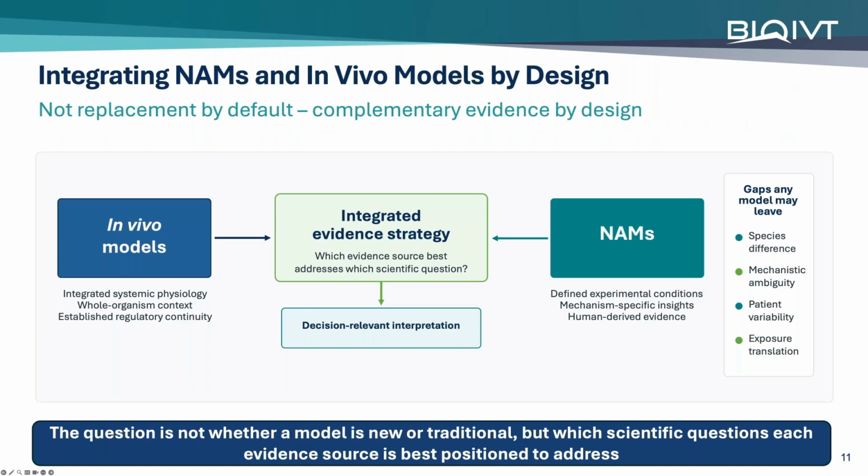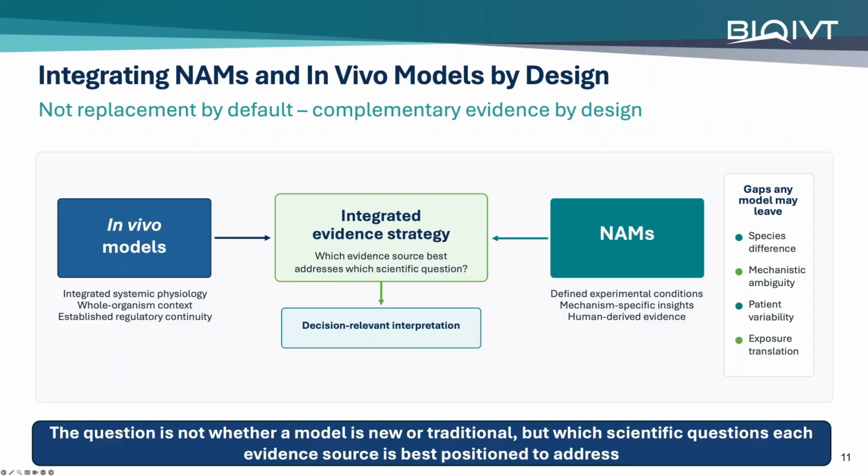Sometimes the evidence converges. That convergence can strengthen confidence, and sometimes the results disagree. That doesn't mean that one model is wrong. The disagreement may expose an important species difference, a difference in exposure, an effect of model composition, or a boundary in the biology being represented. In other words, the disagreement itself can be informative evidence.